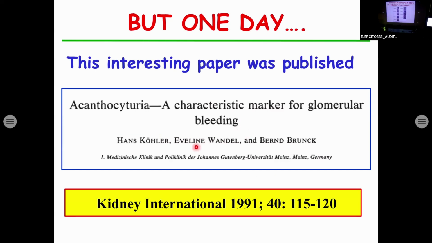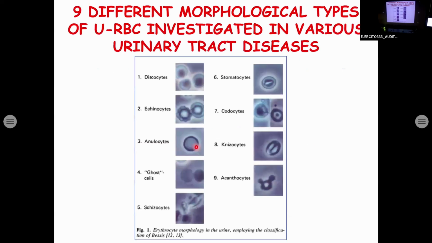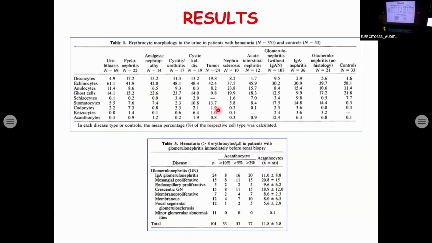They investigated the presence of 9 types of red blood cells found in the urine in a large number of diseases, some of which were glomerular diseases, while the other 8 were non-glomerular urinary tract diseases. And they found that all the 9 types of cells were present in non-glomerular diseases and in glomerular diseases.